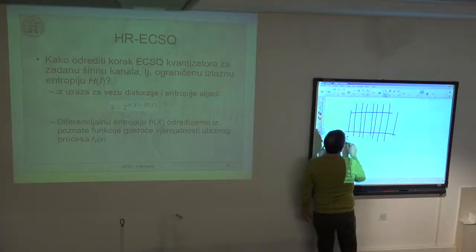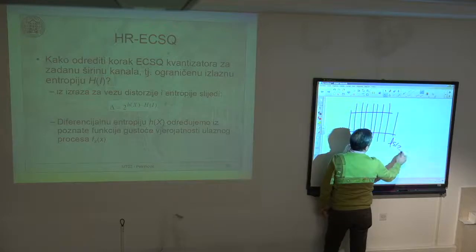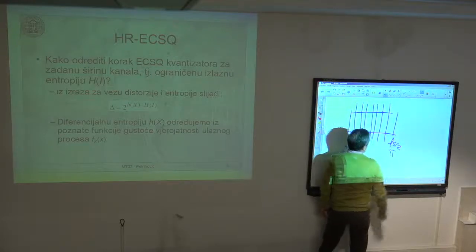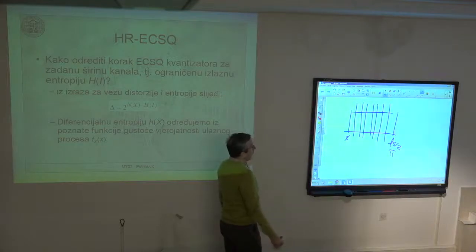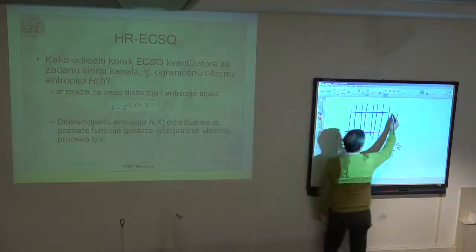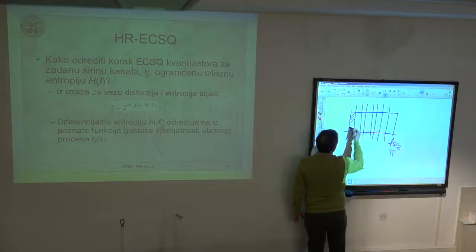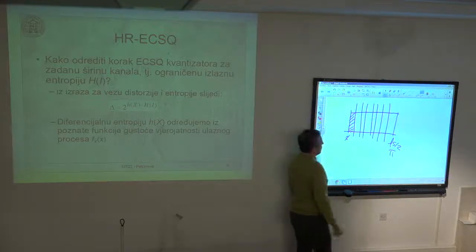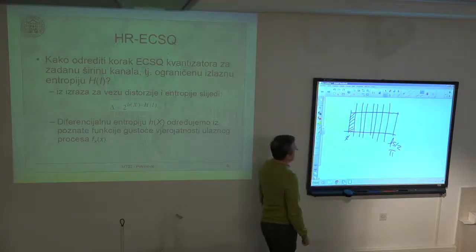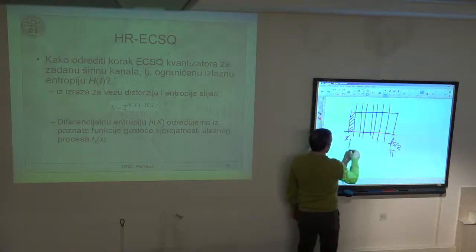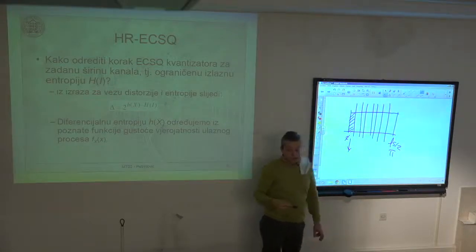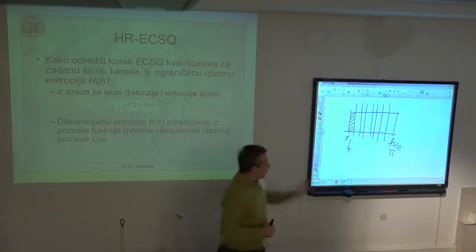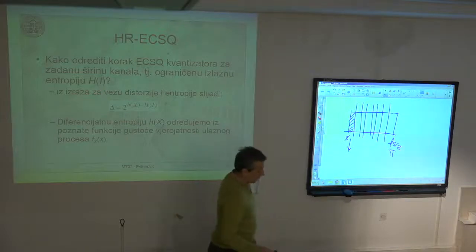This is from 0 to 1/2 of the sampling frequency, the Nyquist frequency. In the discrete time domain, we denote this frequency as pi. So the signal is separated into 8 equally spaced bands, and each of those bands is then quantized independently, with its own quantizer. That is the topic of this laboratory exercise.